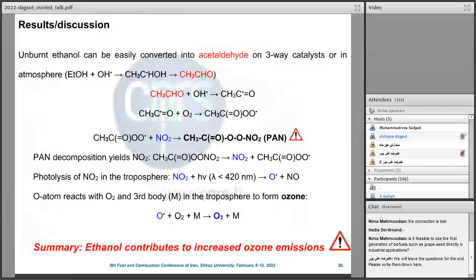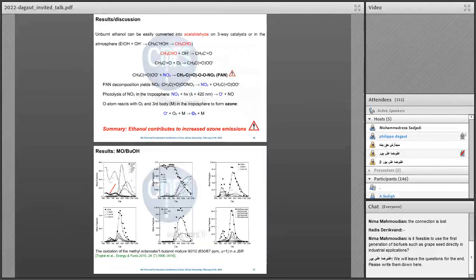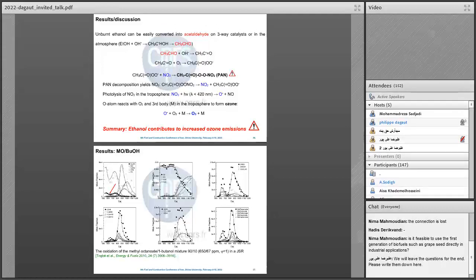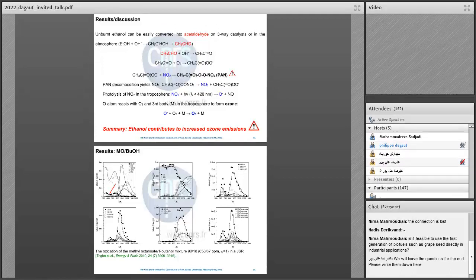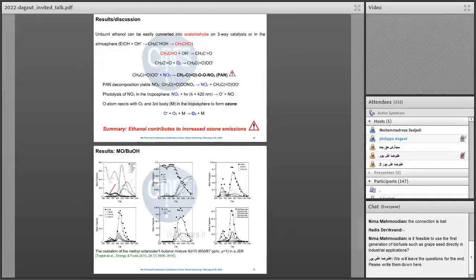And acetaldehyde is toxic. It is also responsible for the formation of peroxyacetyl nitrate. So once you have ethanol which is unburned, it will be released in the atmosphere, and either in the atmosphere or in a three-way catalyst, it will be oxidized, producing this radical which then produces acetaldehyde.